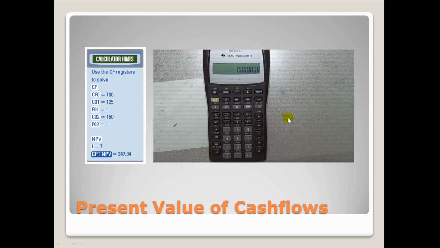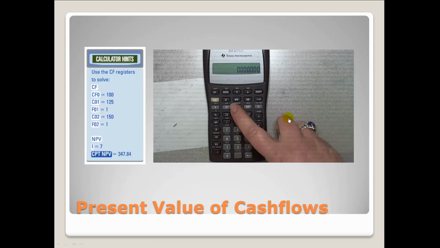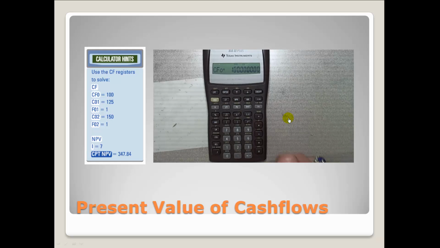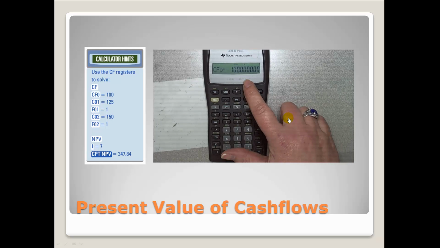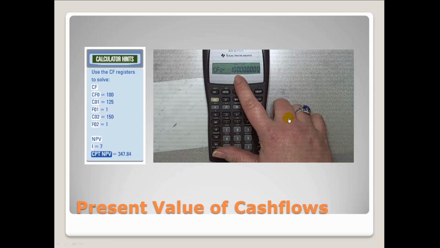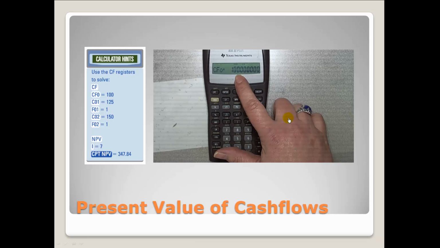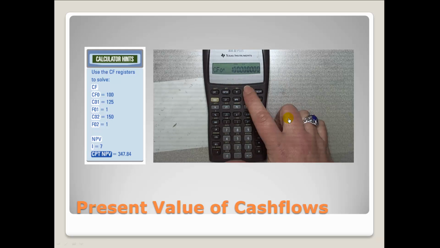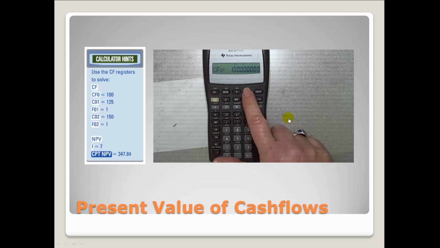So the first thing I want you to do is make sure that in your calculator the cash flow register is clear. The way we're going to check that is we're going to hit the CF key, and if you have anything in there but a 0, then we need to clear it out. Cash flow 0 in my calculator is 100, so I need to clear out my calculator. You can also use the down arrow key and check your register.